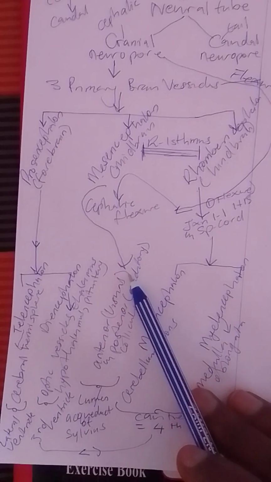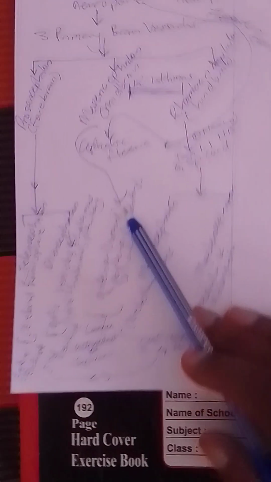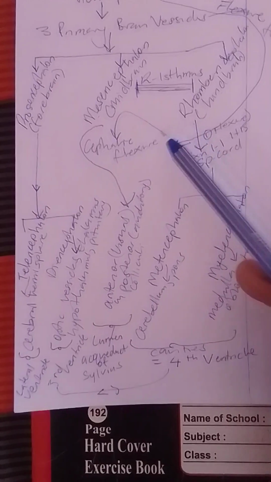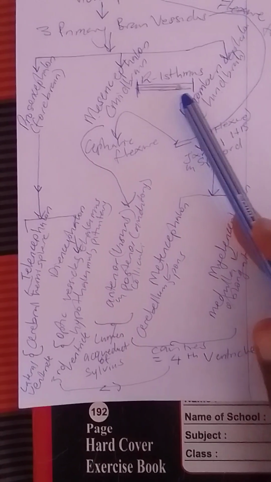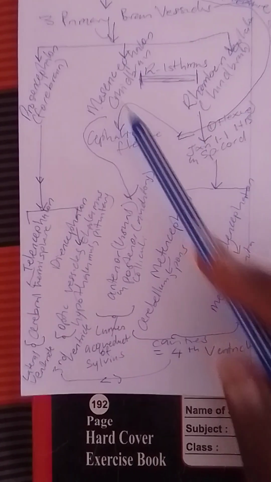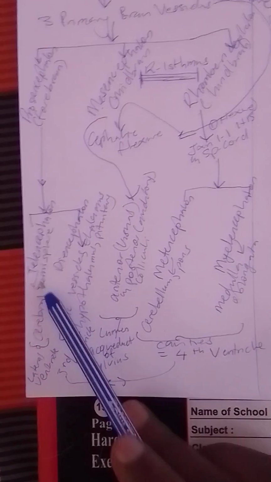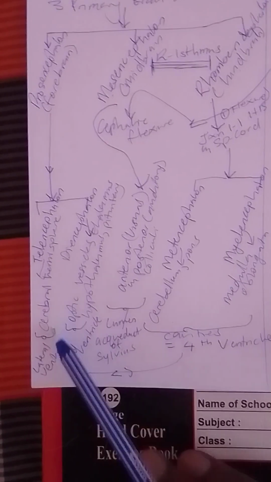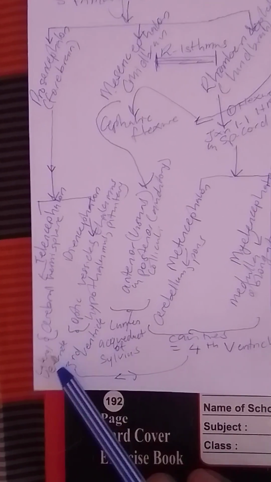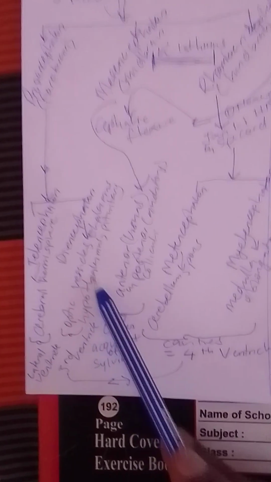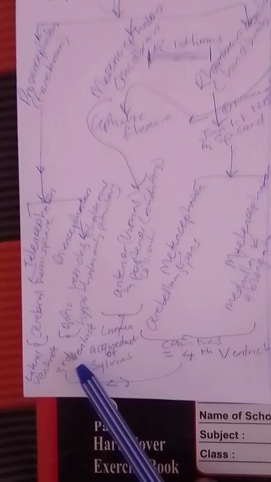Further, we have the rhombencephalic isthmus, which separates the mesencephalon from the metencephalon. The cerebral hemispheres further form the lateral ventricle, and the diencephalon forms the third ventricle.